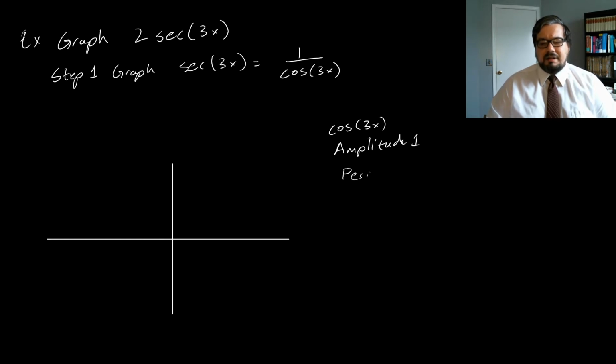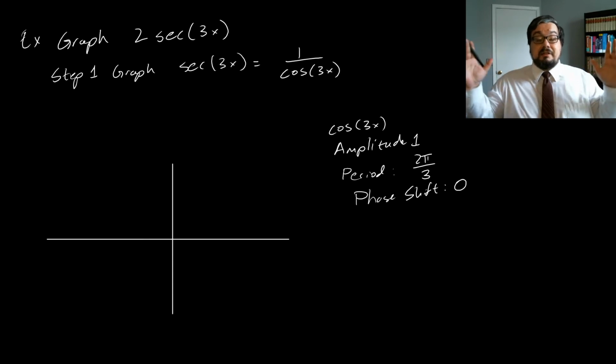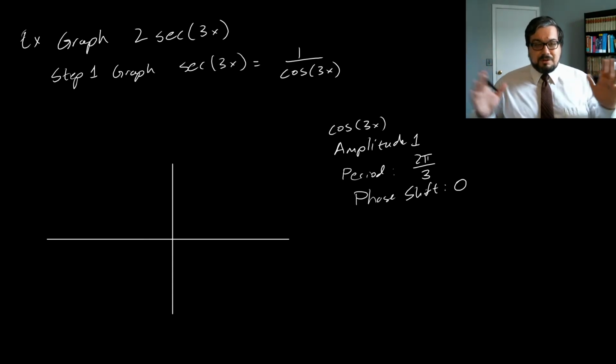It has period of 2 pi over 3. And it has a phase shift of 0. So what the phase shift of 0 means is that the graph of cosine 3x looks like the graph of cosine, and it's been compressed because the period has come down, but it hasn't been shifted back and forth at all.